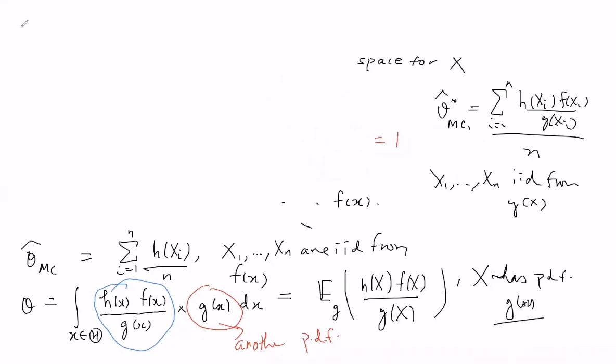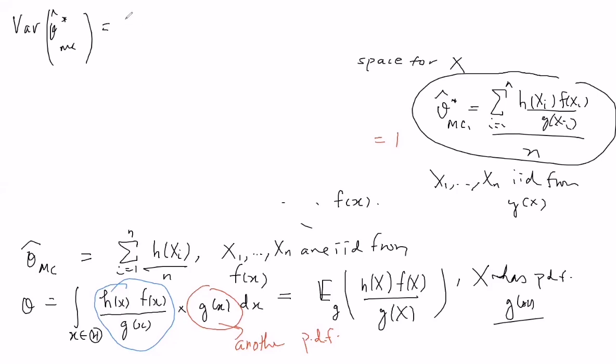So we are interested to find out the variance of theta hat star, which is equal to 1 over n times the variance of h(X) f(X) over g(X).